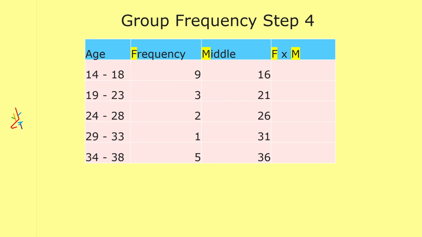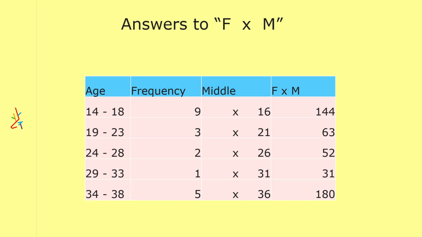So in this case, it would be 9 times 16, for example. 9 times 16 equals 144, and 144 would go there. Then you'd continue with 3 times 21. And those are the answers. So once you've done 3 times 21, you'd end up with 63, and you'd keep going.